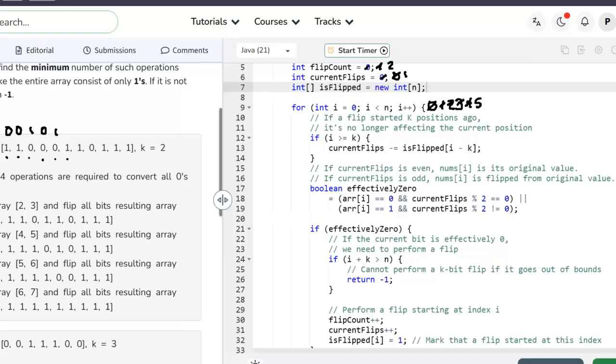So when we did the flip at index 4, it flips two numbers. It flips 4, it also flips 5. So 5 is effectively 0. So that means flip count is incremented. It's 3.